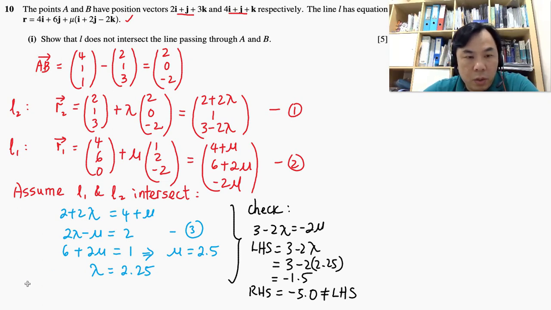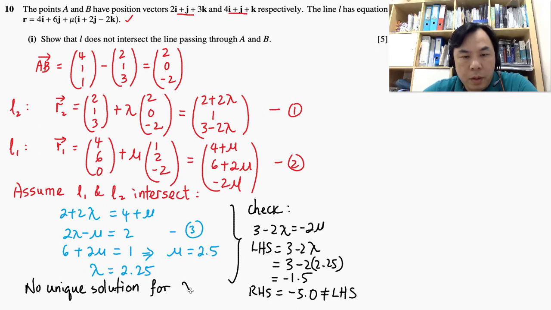Therefore, we can conclude that there is no unique solution for lambda and mu. And what does that mean in this case? It means that L1 and L2 do not intersect.